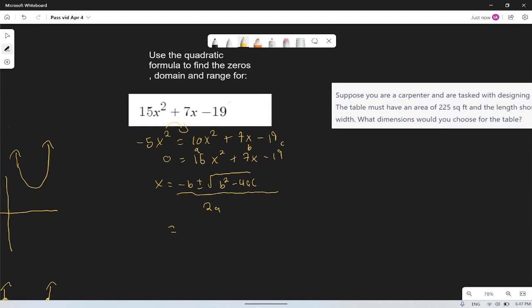So this equals negative 7, plus or minus the square root of 7 squared minus 4 times 15 times negative 19, all over 2 times 15.